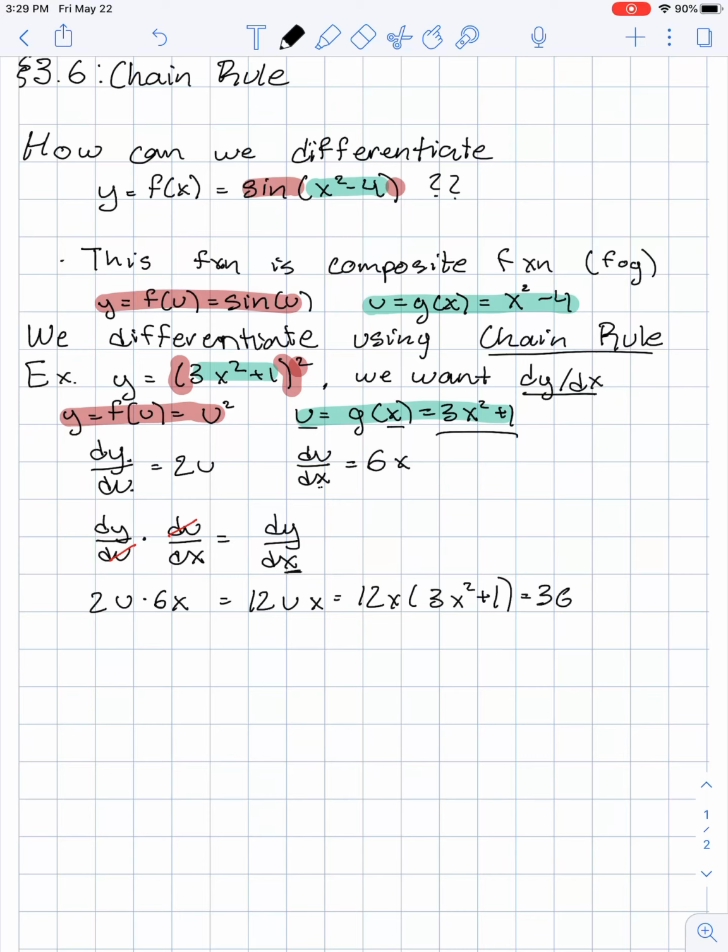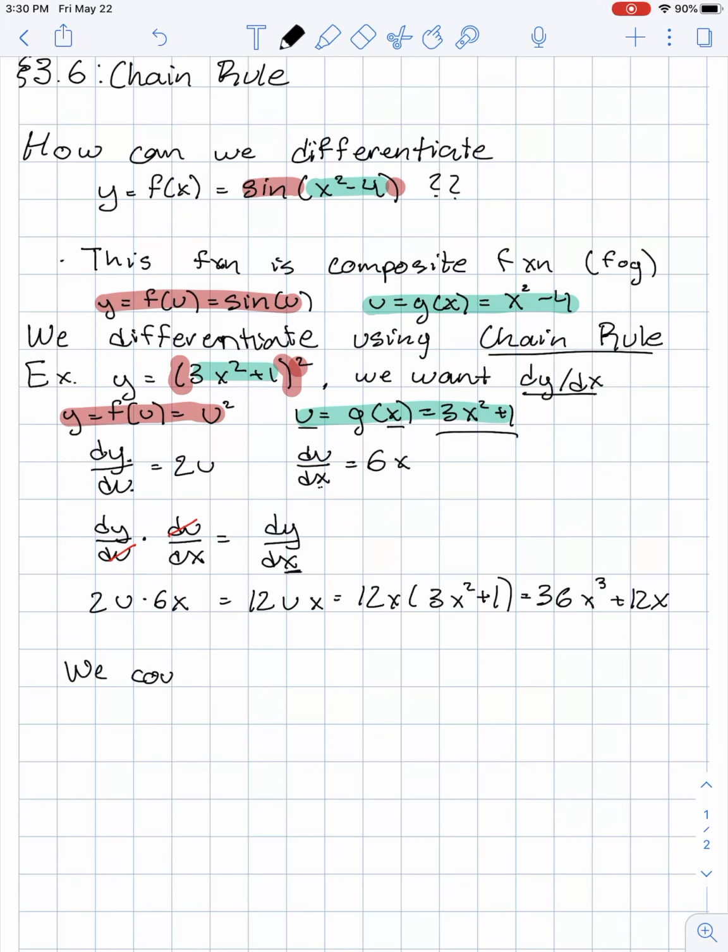I can take that one step further if I wanted to and distribute. So what is that? 36x cubed plus 12x. Yeah, that sounds right.